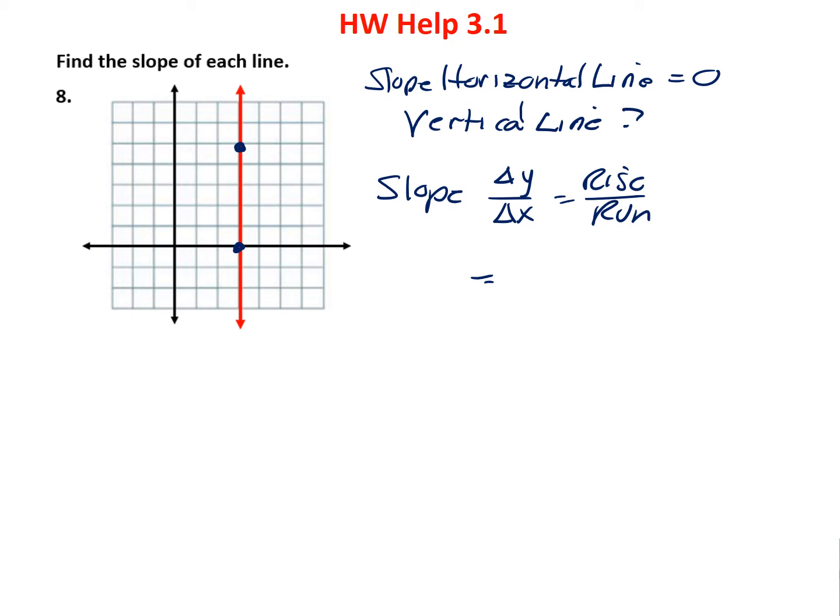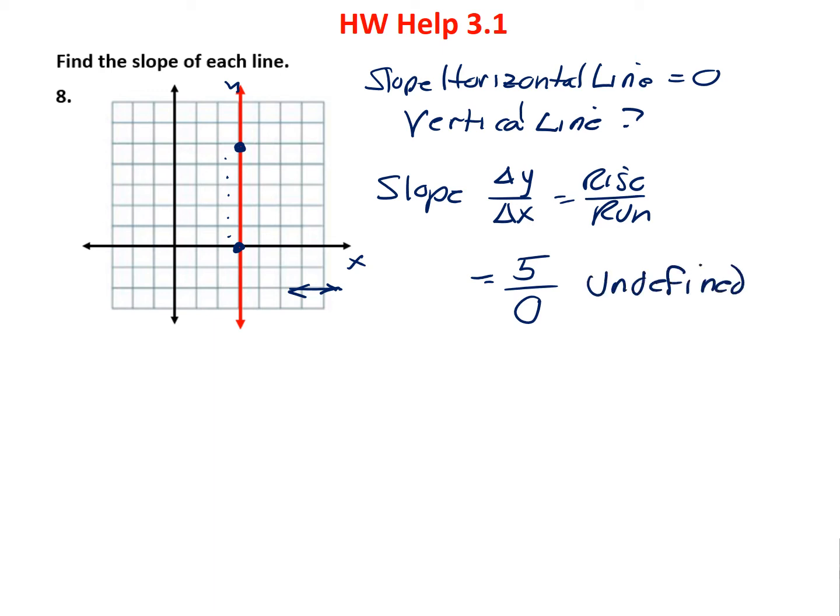Notice, first of all, I have a rise this time: 1, 2, 3, 4, 5. So I have 5 divided by. Now this time, for my x, it doesn't go anyplace. So like before, since it doesn't go left to right, it's 0. But what's 5 divided by 0? This is undefined.